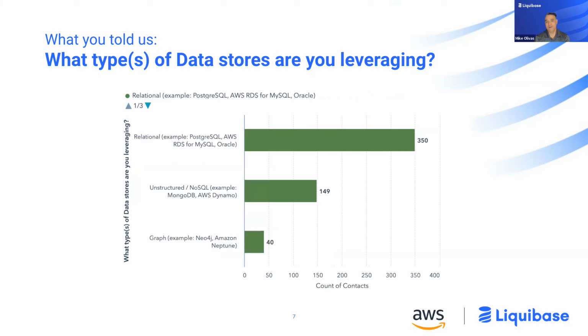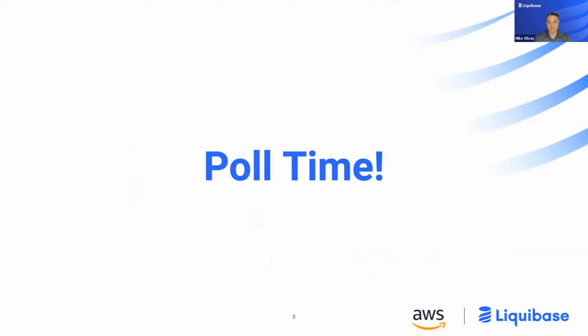In terms of data stores, quite a few teams are still using relational databases, Postgres, RDS, MySQL, Oracle, etc. A few are using unstructured, purpose-built databases like Mongo or DynamoDB, and a few are using graph-type databases. So thanks for the feedback, and for helping us understand where folks are landing and what they're still using.